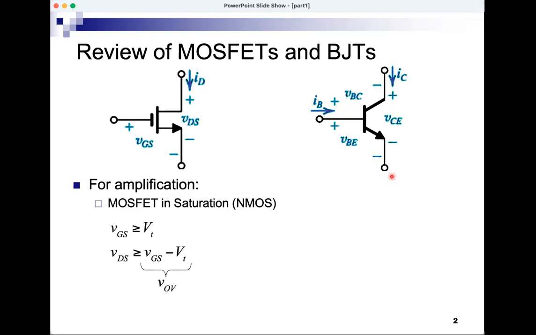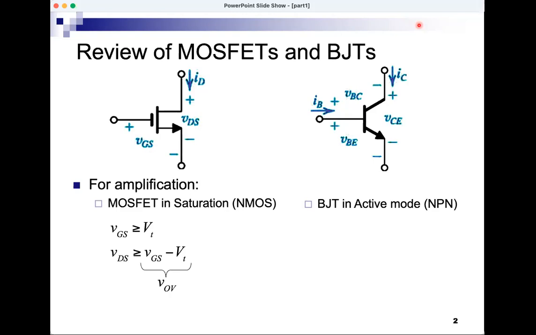So again, for amplification, we bias the BJT in its active mode or active region. The symbol here is showing an NPN BJT, and for NPN BJT in the active mode, again, VBE and VCE should satisfy certain conditions.